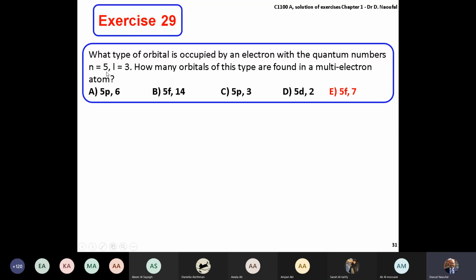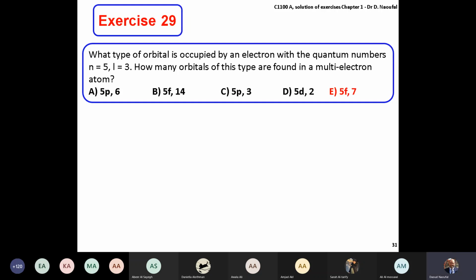So it occupies 5f. In 5f, how many orbitals do we have? As we know, the number of orbitals is the number of rooms, and in each room we have 2 electrons.